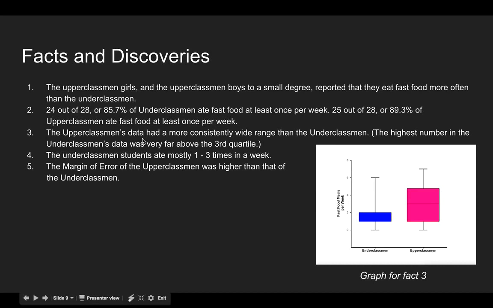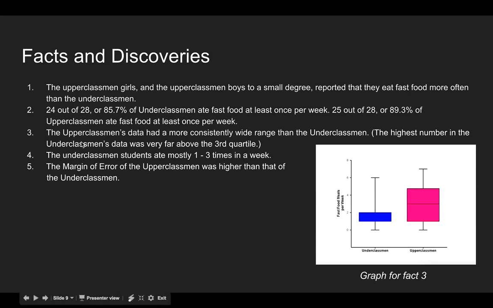So the fact that the difference in how many people actually ate fast food at all was only 1 shows that it's not a matter of whether or not people are eating fast food at all, but rather a matter of how much people are eating it. So the upperclassmen, when they do eat it, eat fast food a lot more than the underclassmen, which we can see with the maximum here, and the data being closer to the maximum.